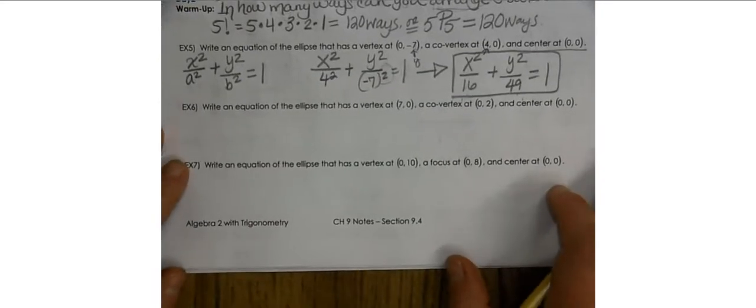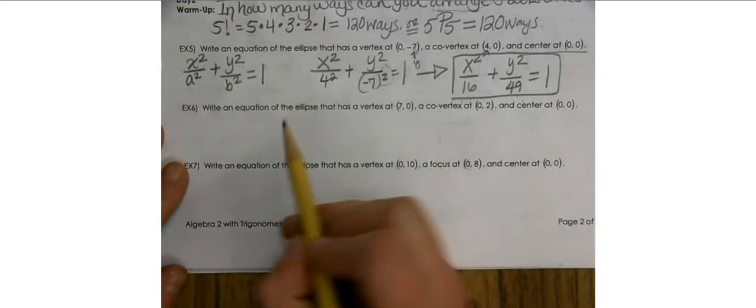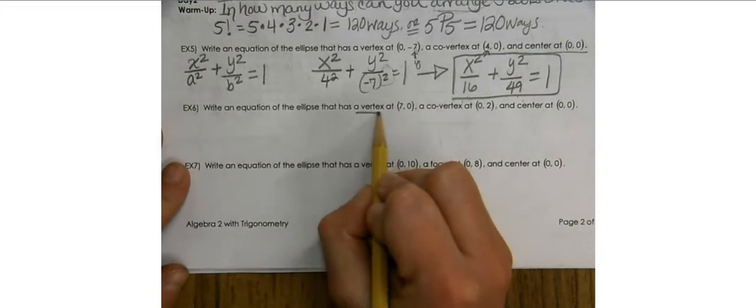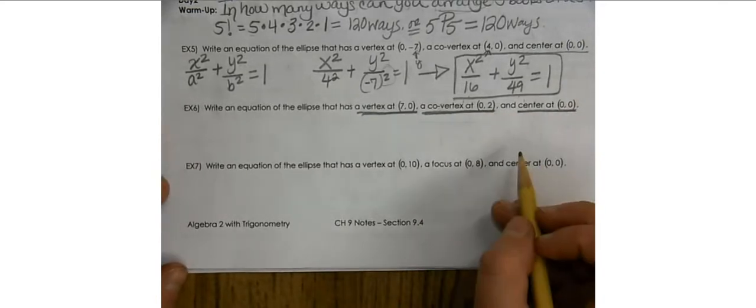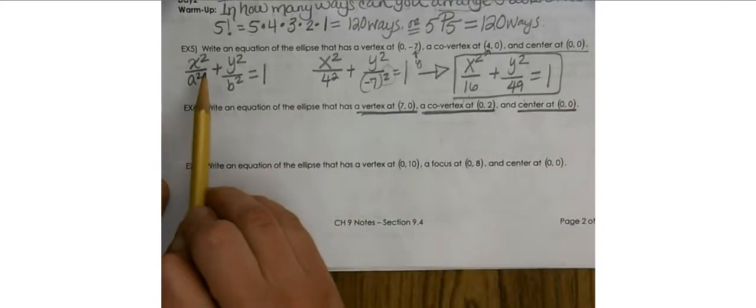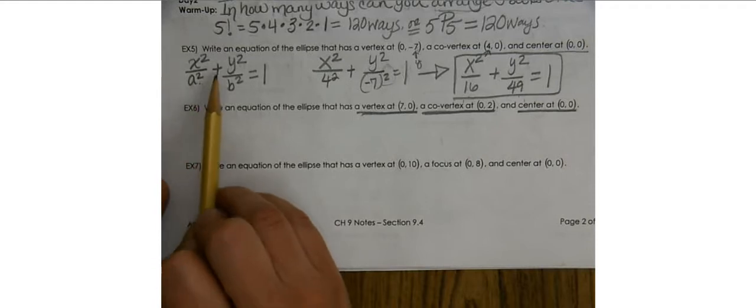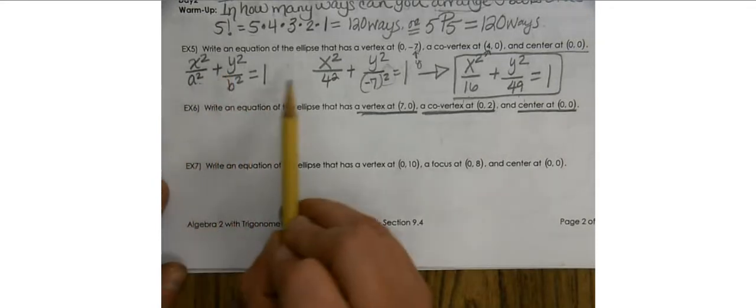All right, let's go ahead and look at example number 6. We want to write an equation of an ellipse that has a vertex at 7, 0, a covertex at 0, 2, and our center is at 0, 0. So once again, we're going to be using that x squared over a squared plus y squared over b squared equals 1.